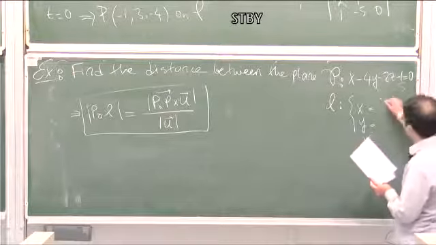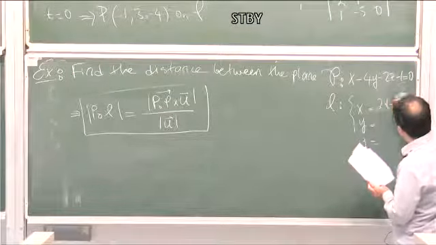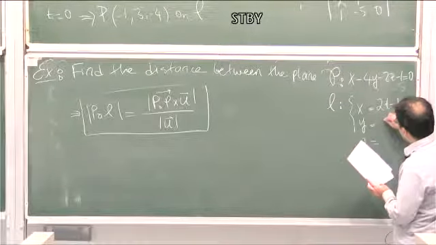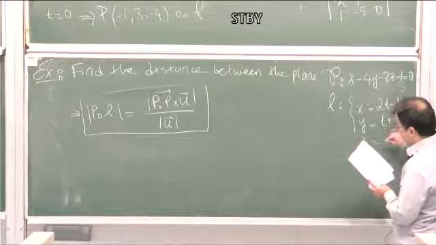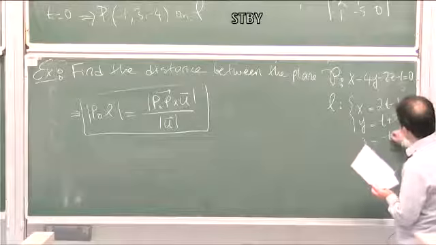So x is equal to 2t minus 1, y is t plus 2, and z is minus t plus 1. All right.